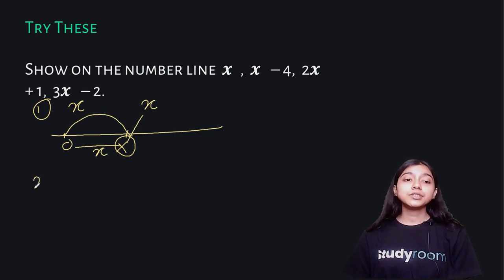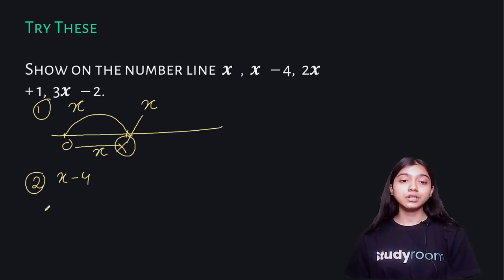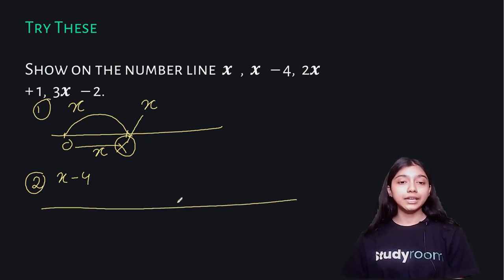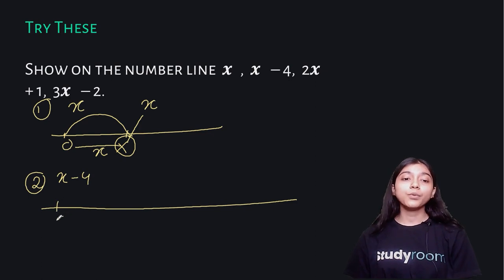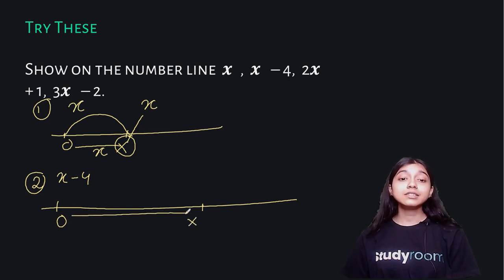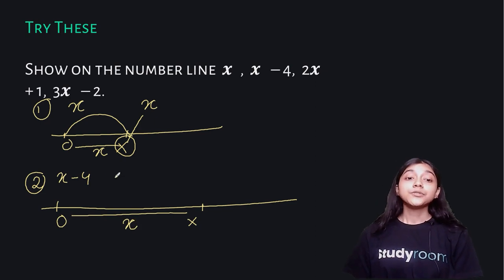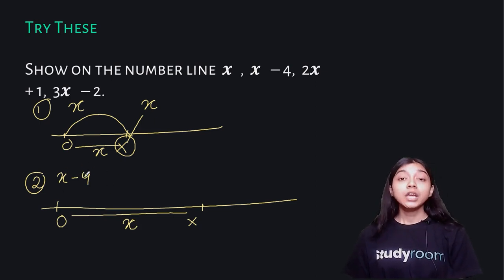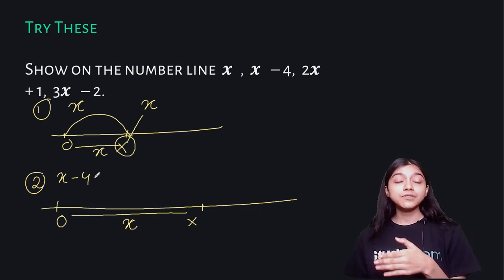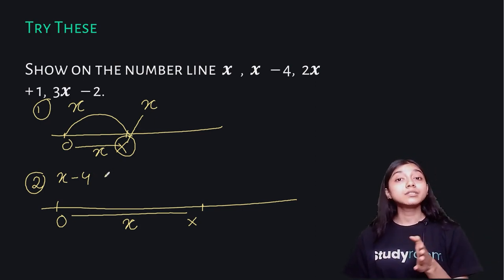The second question that we have over here is x minus 4. To represent this expression, we have to draw a number line and then take an initial point, that is O. From O, we will take another point, that is capital X, such that this distance from O to X should be small x. Now, we have to represent x minus 4. In the previous questions, when I had to represent x plus 5, we took another point towards the right of x.